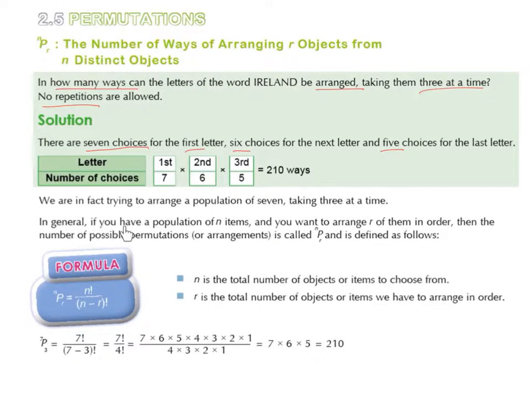We are, in fact, trying to arrange a population of 7, taking 3 at a time. In general, if you have a population of n items, and you want to arrange r of them in order, then the number of possible permutations or arrangements is called nPr and is defined as follows. nPr equals n factorial divided by n minus r factorial, where n is the total number of objects or items to choose from, and r is the total number of objects or items we have to arrange in order.